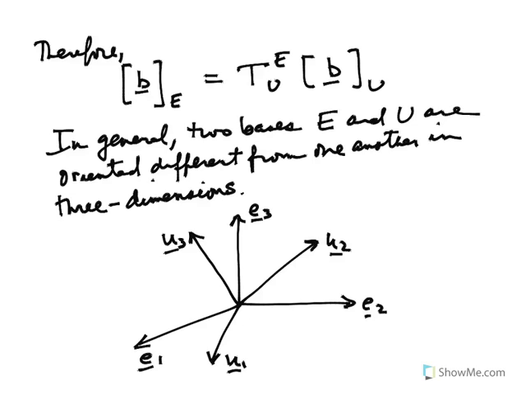But in order to make the relationship, one way to parameterize this offset that comes from two arbitrary bases is to use a parameterization called Euler angles.